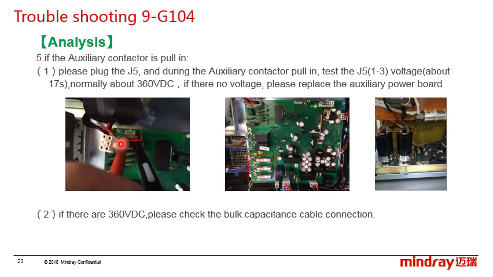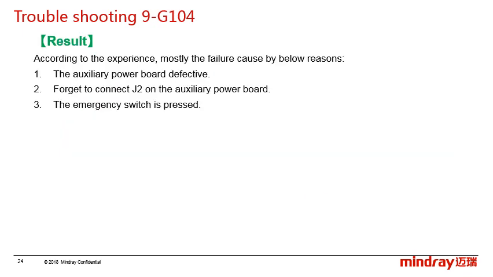If you cannot measure the voltage, please replace the auxiliary power board. If you can measure the 360 volt DC, just please check the buckle capacitors cable.